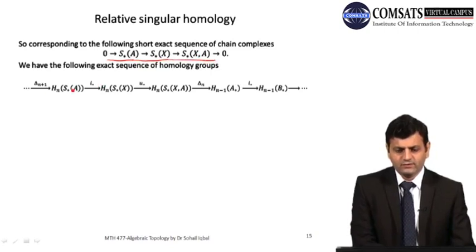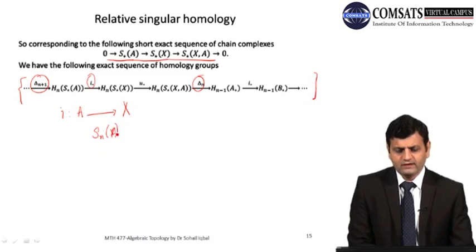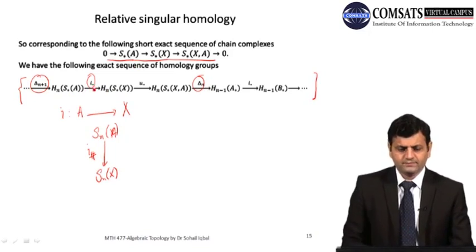Now of course using that result of homological algebra we can say that we have the following long exact sequence, and these delta n's are basically the connecting homomorphisms, and this i star is coming from the inclusion of A into X. So i is the map from A to X, so that's why we call the map from the n-chains of A to the n-chains of X to be i sharp, and then we call the map between their homologies, the nth homology of A to the nth homology of X, to be i star.